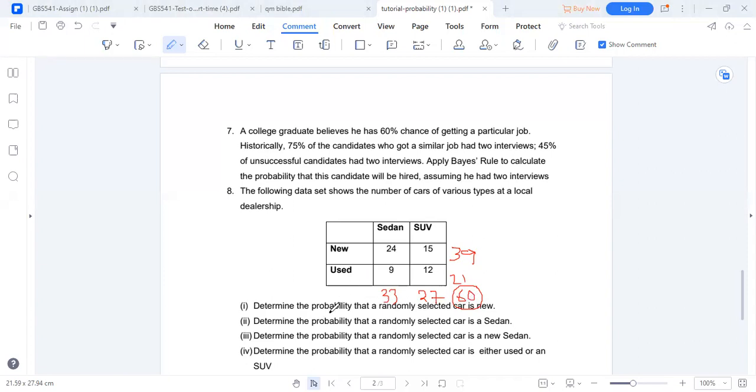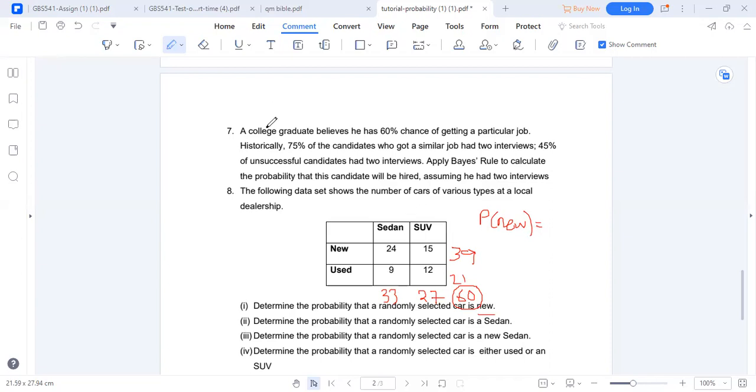let's answer based on what I've talked about. So, part 1, determine the probability that a randomly selected car is new. What are we looking for? Probability new, right? So who wants to help us find the probability new?